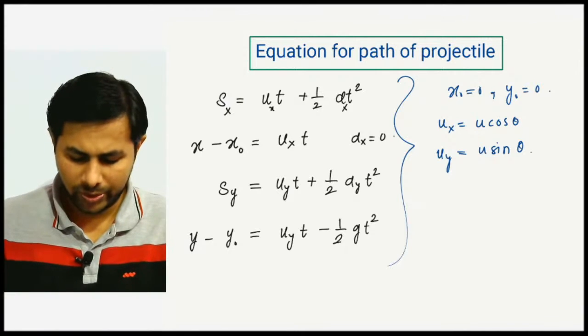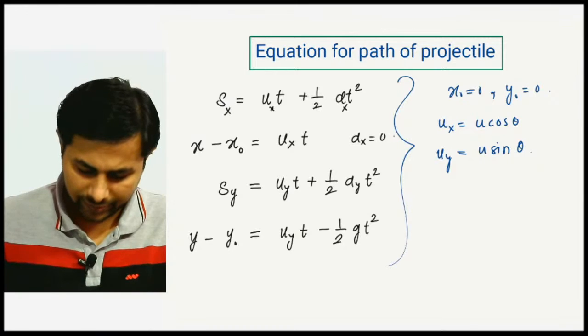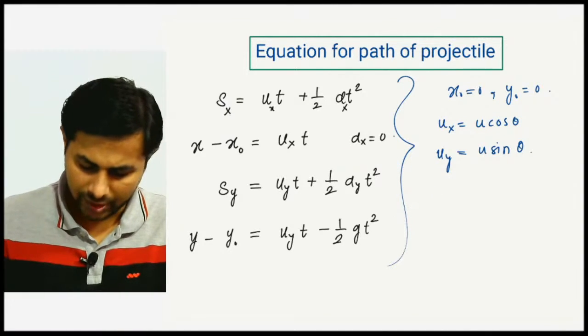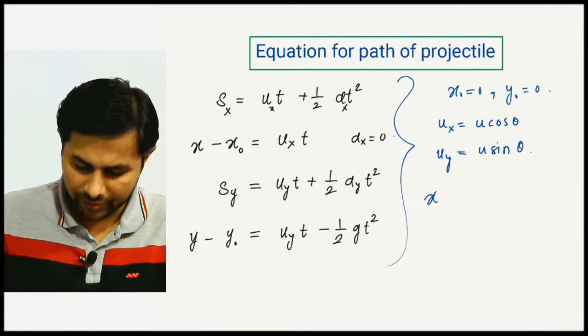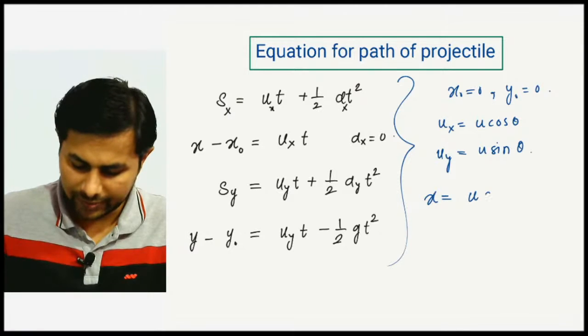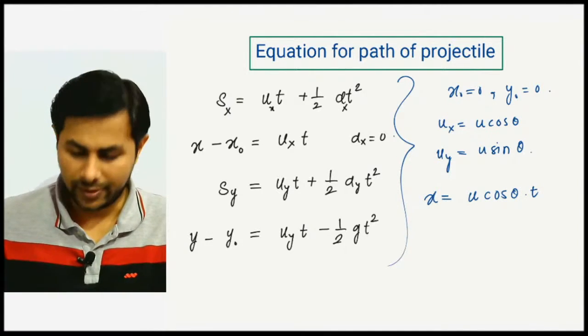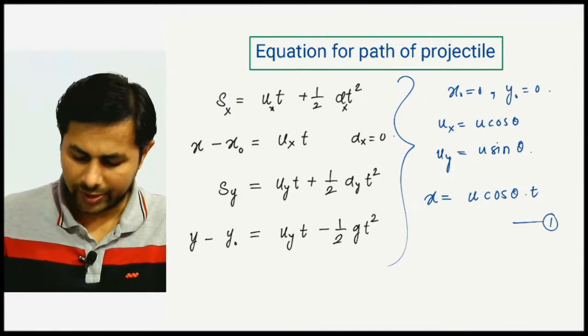Okay, so if we substitute all of this into these two equations, they give us x equals ux times t, that is u cos theta multiplied by t. Suppose this is equation number 1.